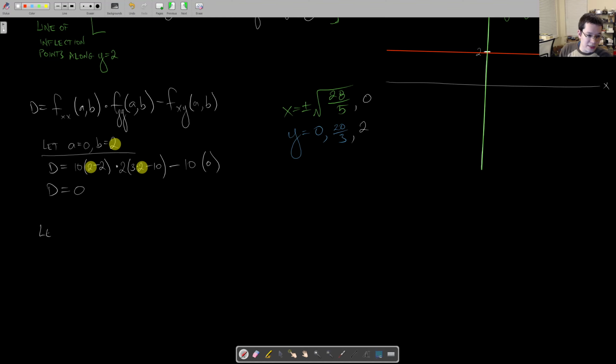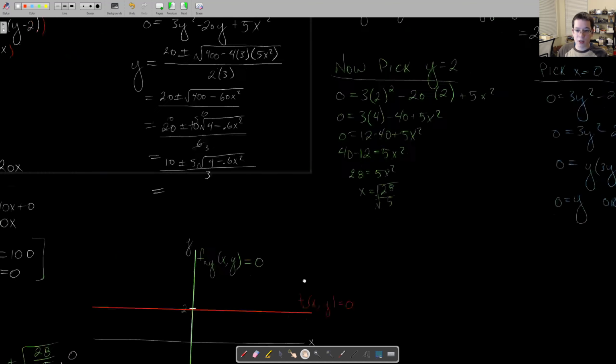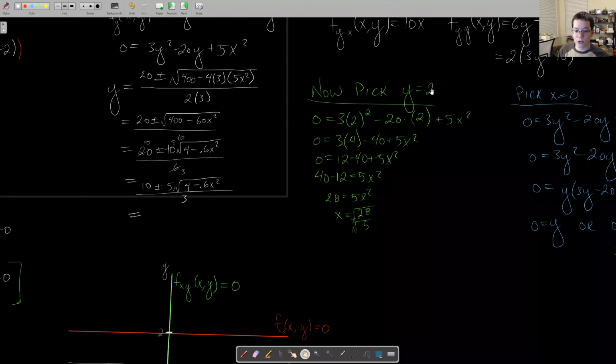So let a equal, so we don't actually have to check all of the possible combinations, because up here we let y equal 2 and x equal this number, but if y is not 2, then this number is irrelevant, right?